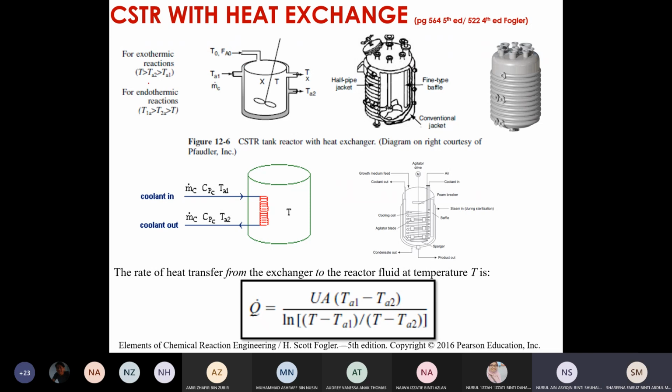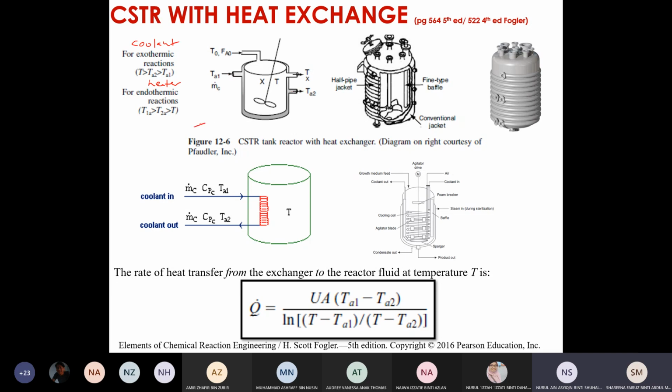Okay, so for exothermic, remember exothermic kita perlukan coolant. Okay, and endothermic kita perlukan heater. Okay, sebab temperature yang exothermic kita kena dapatkan dia lagi tinggi, yang ni lagi rendah. Okay, so daripada situ you kena tahulah term kalau TA1 ni means that inlet temperature yang supply, alright, and TA2 ni adalah temperature of the heating element, coolant element.